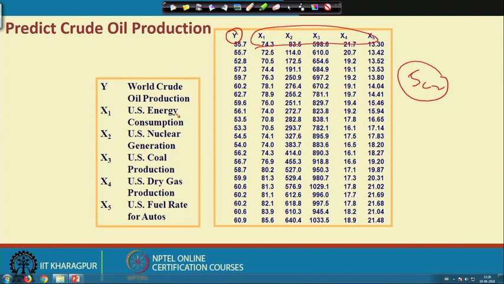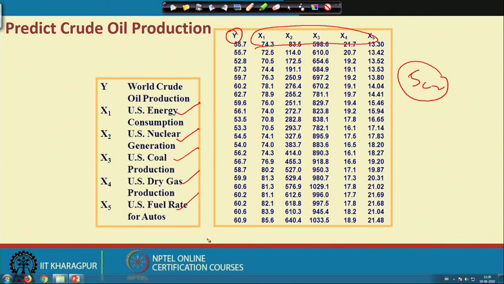The first one is USA energy consumption, then USA nuclear generation, USA coal production, USA dry gas production, and USA fuel rate for automobiles. From this problem it is very clear that world production depends on the USA market, with respect to energy consumption, nuclear generation, coal production, gas production, and fuel rate.